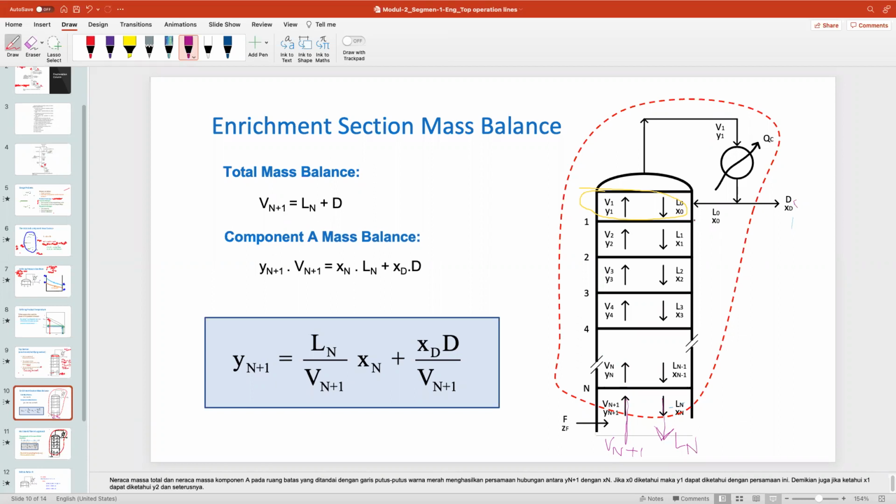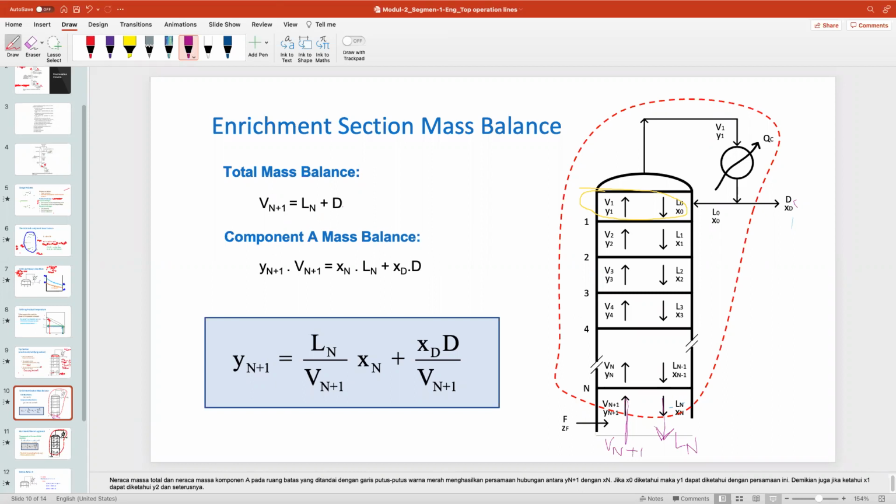Now let's look at the mass balance. Vn plus 1, the one that goes inside, equals Ln plus D, right? So you have a total mass balance. The second one, we also have to calculate the component A mass balance.